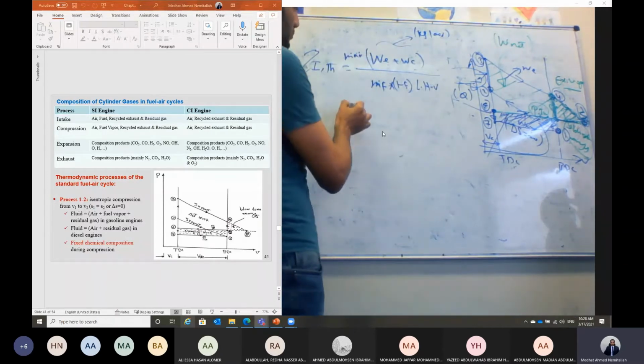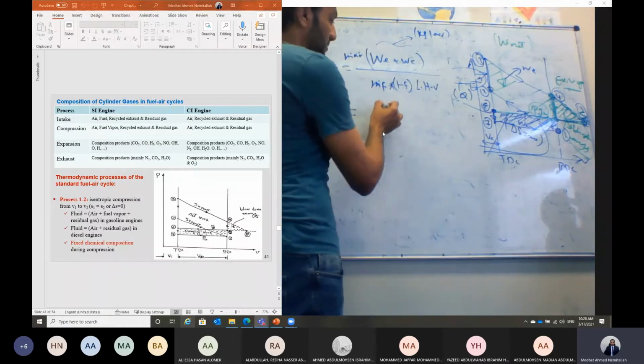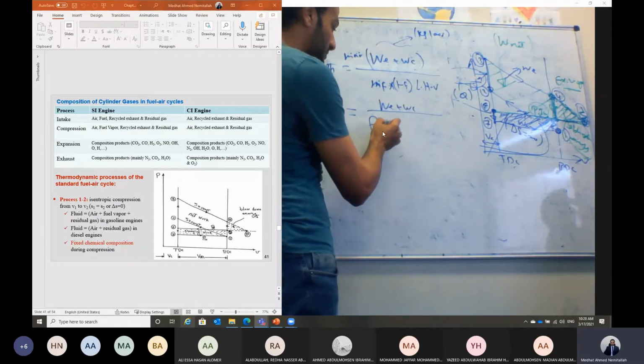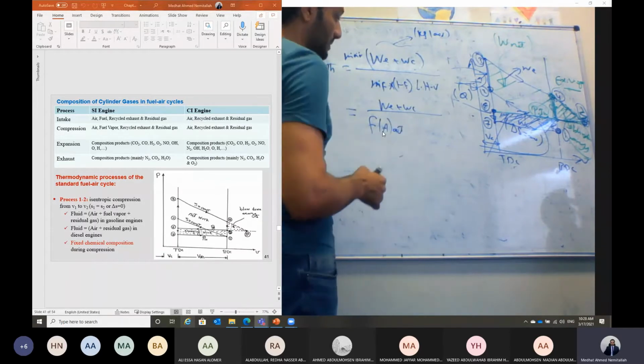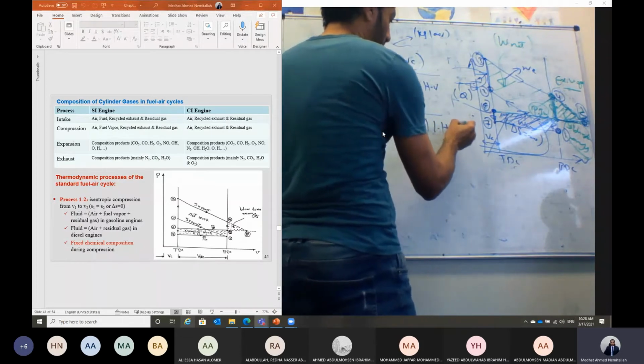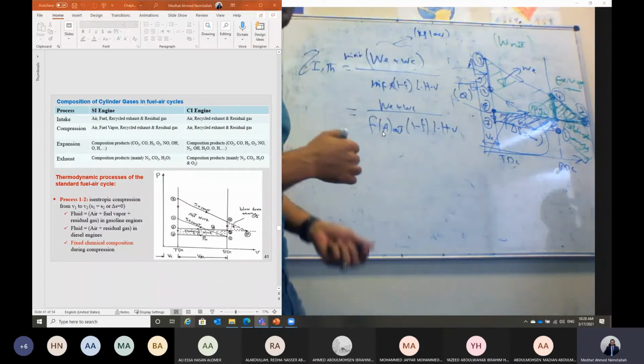If you divide by the mass flow rate of air, it will be the expansion work plus compression work divided by the actual fuel to air ratio multiplied by 1 minus the residual gas fraction multiplied by the lower heating value.